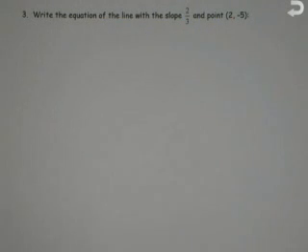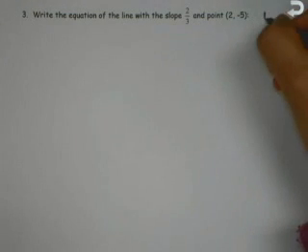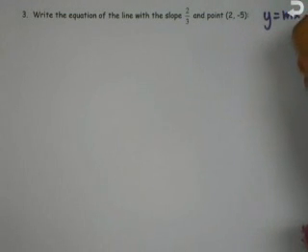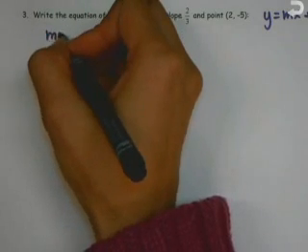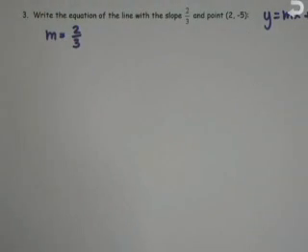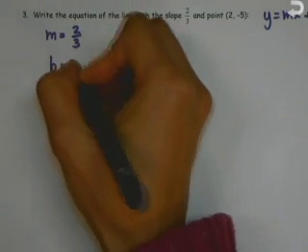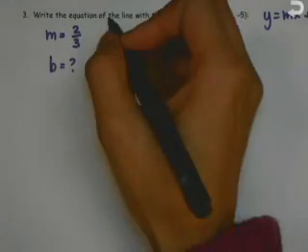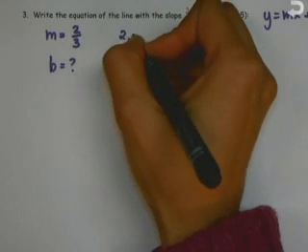Okay, let's look at our third example. Write the equation of a line with the slope given and a point. So again, always refer back to our general form of the equation of a line, y equals mx plus b. So we have our slope. Slope is given, 2/3. We don't have b. That's the problem we have to figure out. But we are given a point, that's (2, -5).